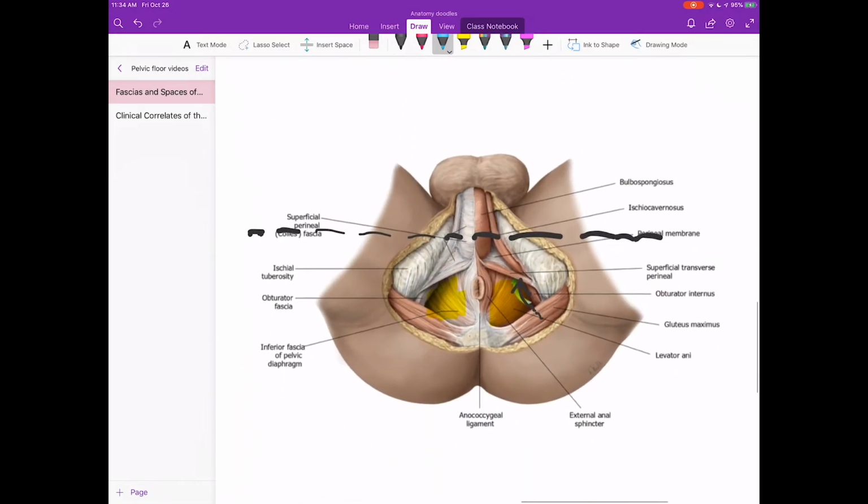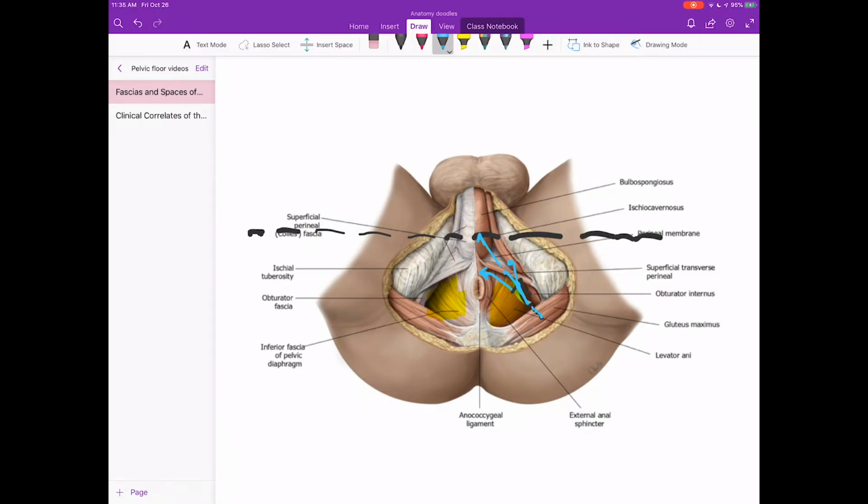Same thing down here with the male. Goes around the ischial spine, is exposed here in the urogenital triangle, in the anal triangle, which you can see the ischioanal fossa, and it will innervate these muscles all along here.